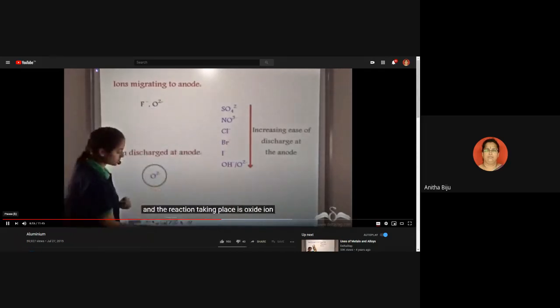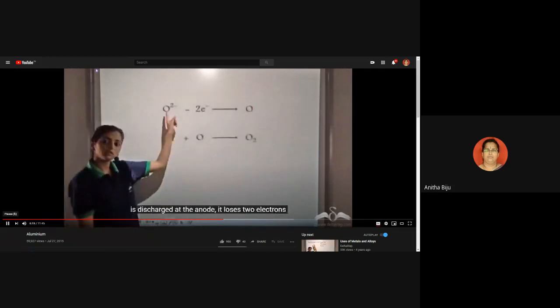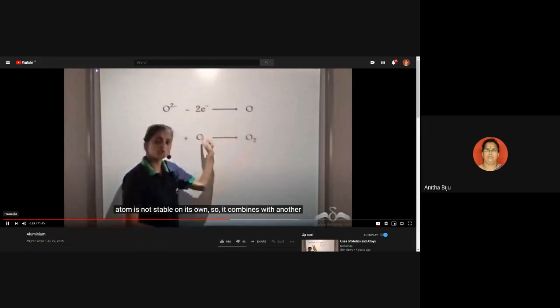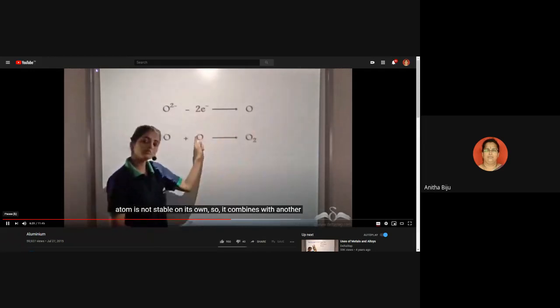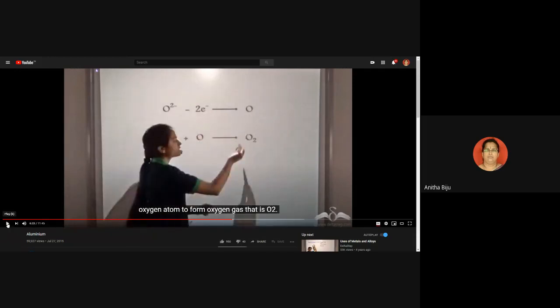It loses 2 electrons to form an oxygen atom. This single nascent oxygen atom is not stable on its own, so it combines with another oxygen atom to form oxygen gas, O2. This is the reaction you can mention again in your copy, and at the top you can mention reaction at anode.